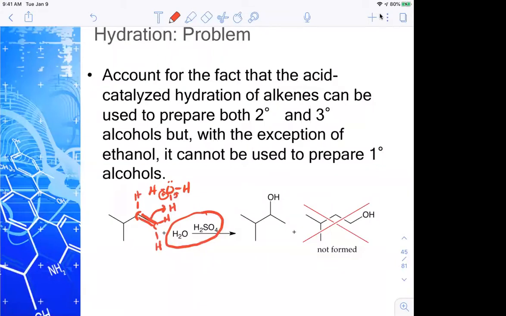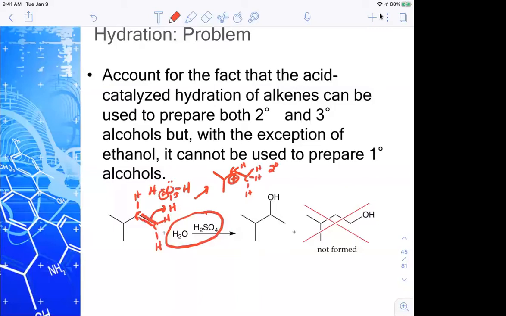And what I'm going to end up with there is a secondary carbocation, right?